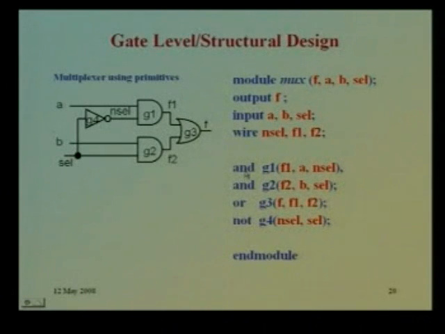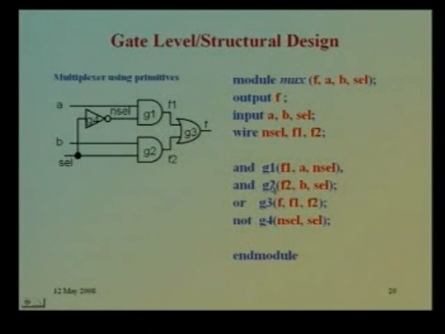Now what you do is, and, or, not, these are the compiler primitives. So you can use and, or, not, and do the connections. I told you, you should have a module name or a primitive name followed by the instantiation name.